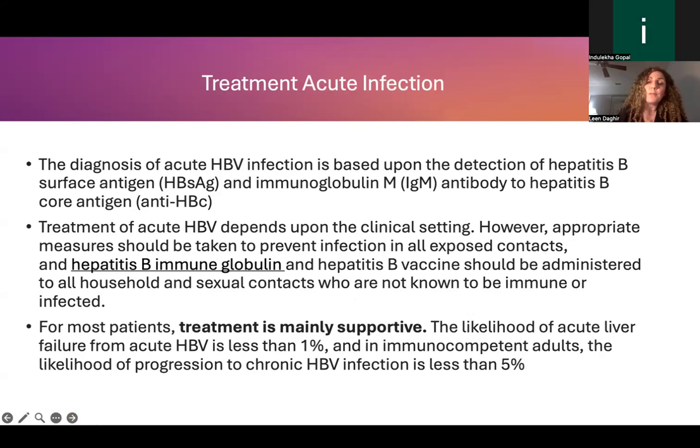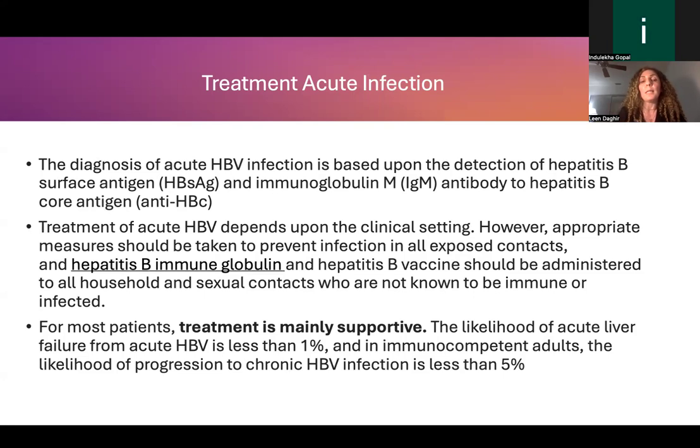Treatment for acute infection. The diagnosis of acute hepatitis B infection is based upon detection of hepatitis B surface antigen and IgM antibodies to hepatitis B core antigen. Treatment for the acute phase depends on the clinical setting. However, appropriate measures should be taken to prevent infection in all exposed contacts.